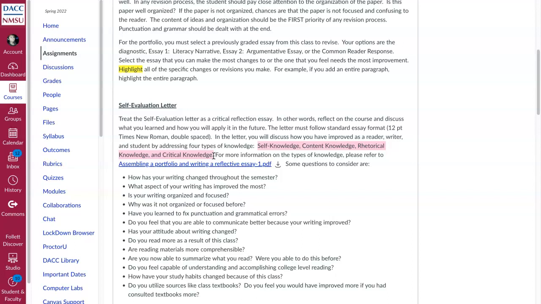Maybe you struggled with some parts of writing this semester because you were not investing enough time, or maybe you were trying to write essays last minute, so maybe you learned about time management throughout the semester and that helped you. So self-knowledge is about you and what you've learned as a writer, as a reader, your experience with the writing process.